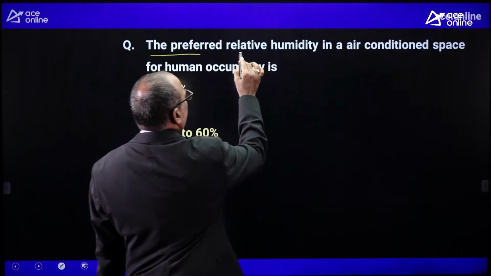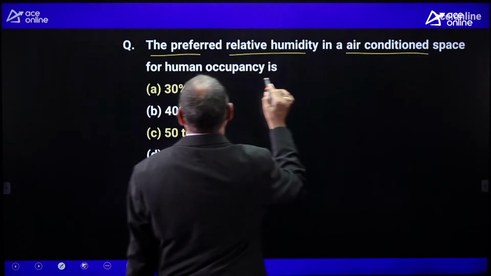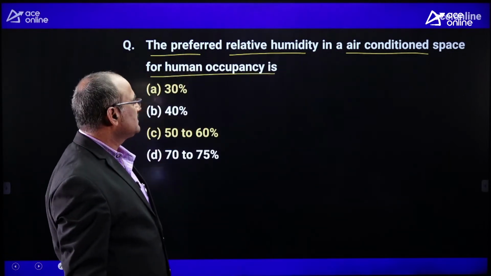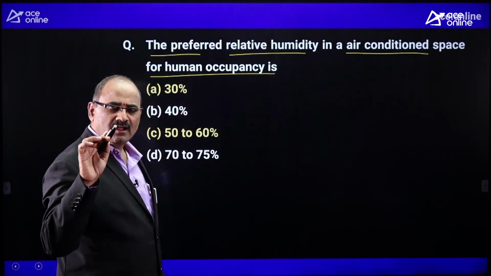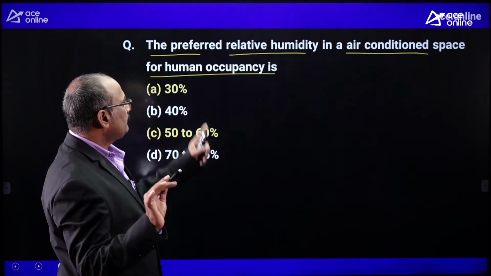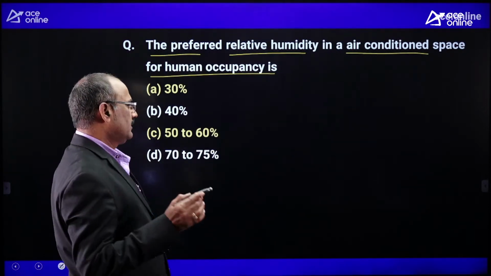The preferred relative humidity in air conditioned space for human occupancy is asking the comfortable relative humidity. Preferred relative humidity for perfect air conditioning units.